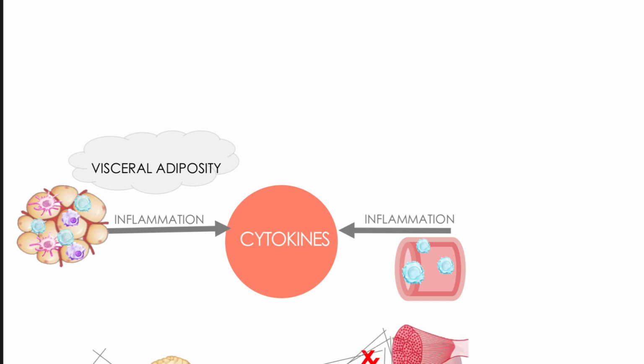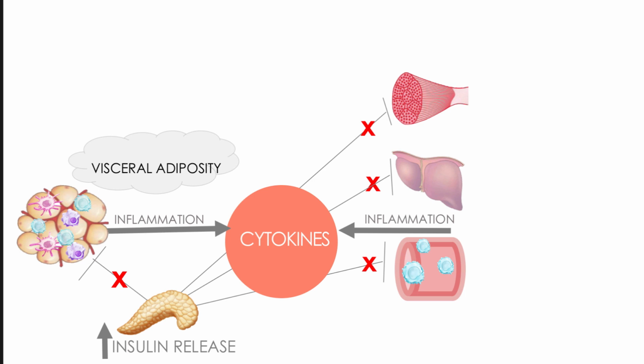Now, what this causes is when the pancreas releases insulin, like in a normal healthy person, it doesn't work because of the cytokines. With a long explanation behind it biochemically, cytokines make you insulin resistant. They stop insulin from being effective, for a number of postulated reasons, from insulin receptor things that make insulin not work at the fat tissue, muscle tissue, the liver, and even in the endothelial tissues.